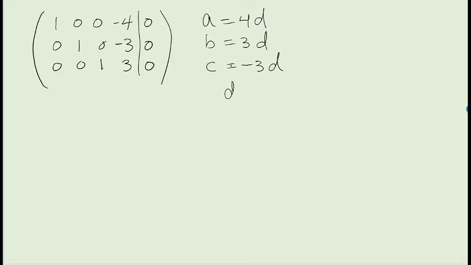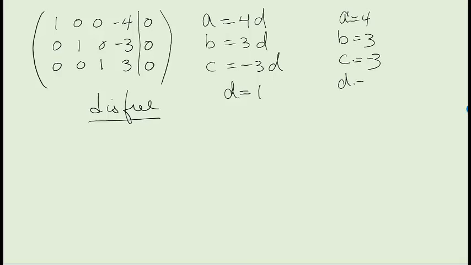So D is free to be any number you give it, let's let it be 1. So in that case, A is equal to 4, B is equal to 3, C is negative 3, and D is 1. This tells us that there is a solution to that original equation and that the polynomial vectors are linearly dependent.